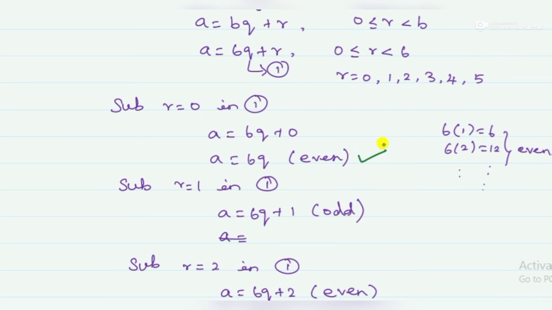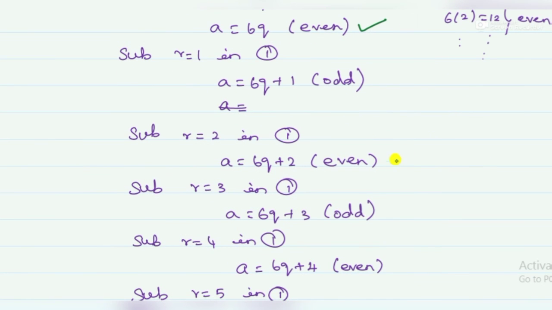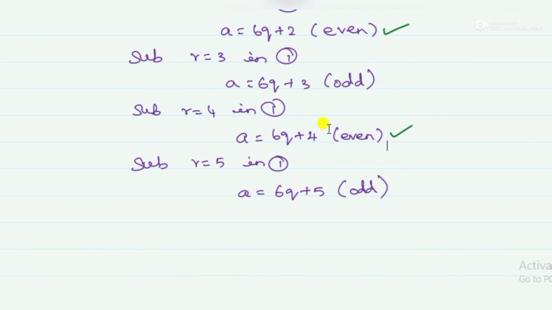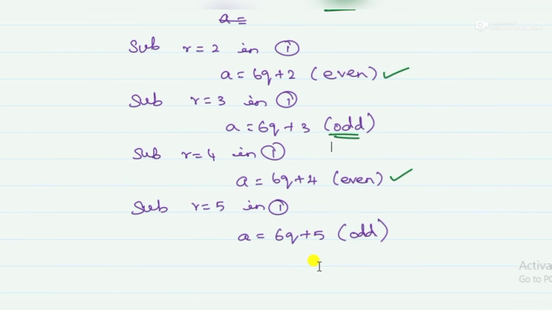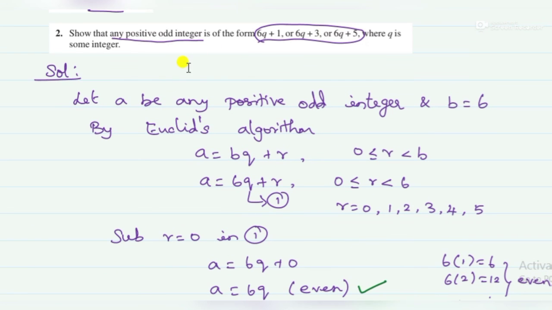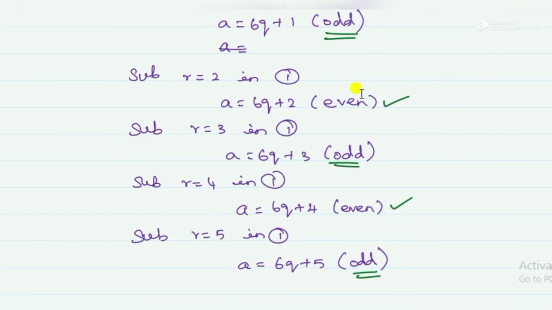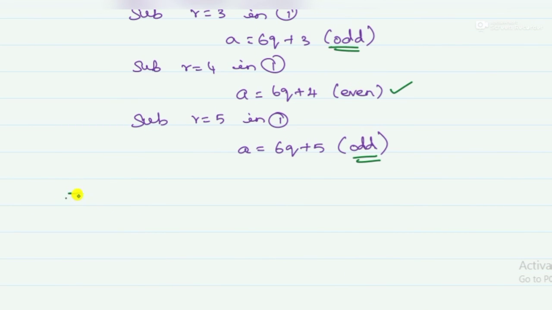Now if we observe, even values are 6q, 6q plus 2, 6q plus 4. And odd numbers are 6q plus 1, 6q plus 3 and 6q plus 5. So we can conclude that any positive odd integer is of the form 6q plus 1, 6q plus 3 and 6q plus 5.